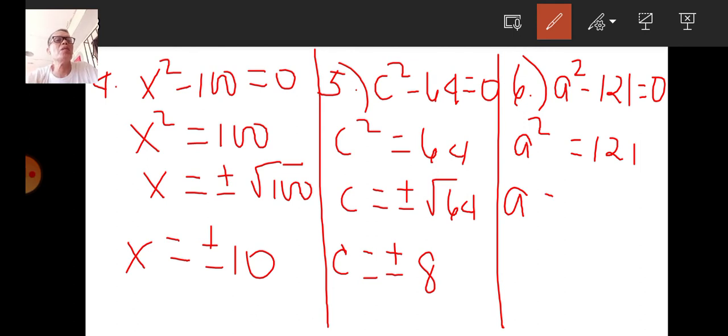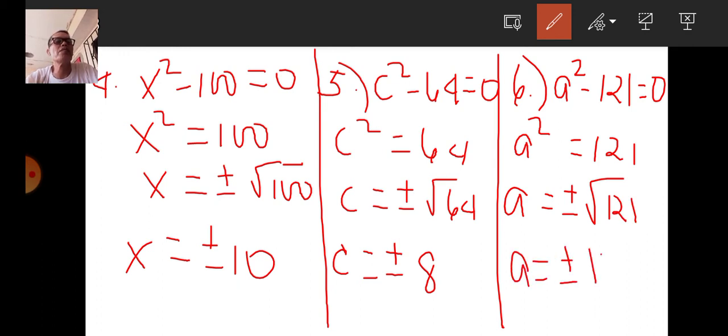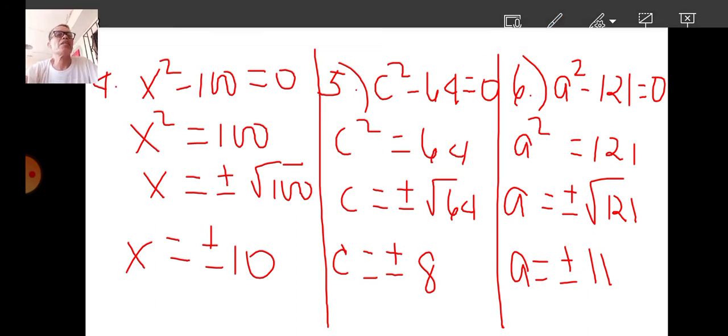A equals plus or minus the square root of 121. So a equals plus or minus 11. So that is how we solve a quadratic equation by extracting its square root.